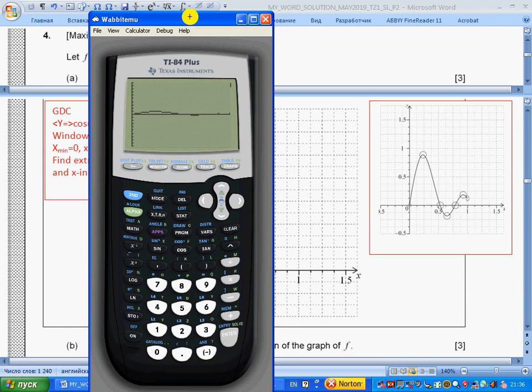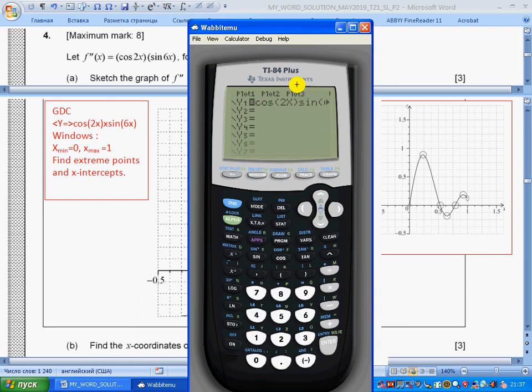Let us increase the window. I think that something is wrong with the function. Let's check the function. Oh, it is okay. So we first check the function: cosine 2x, sine 6x.